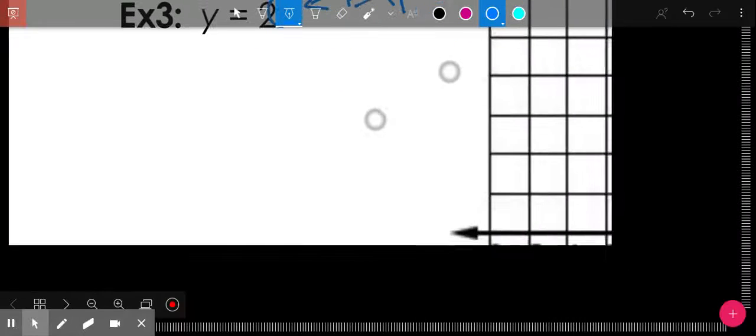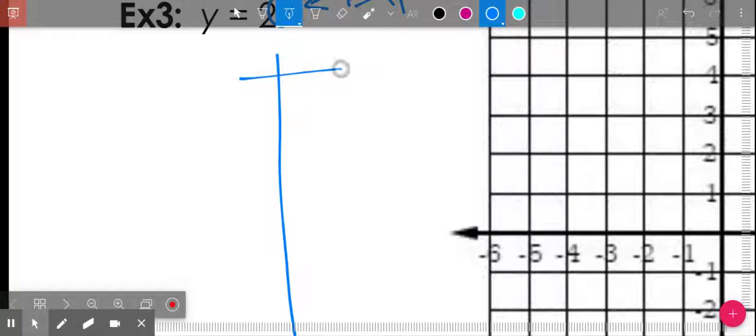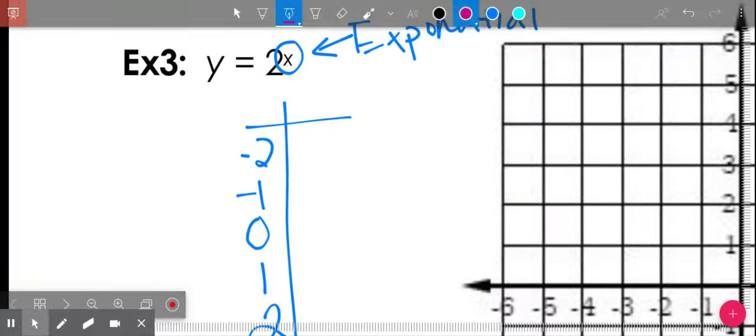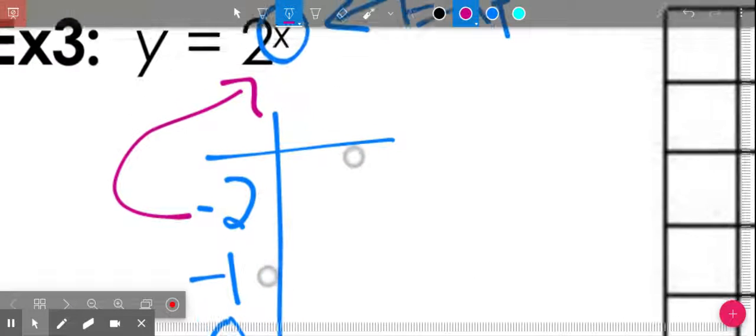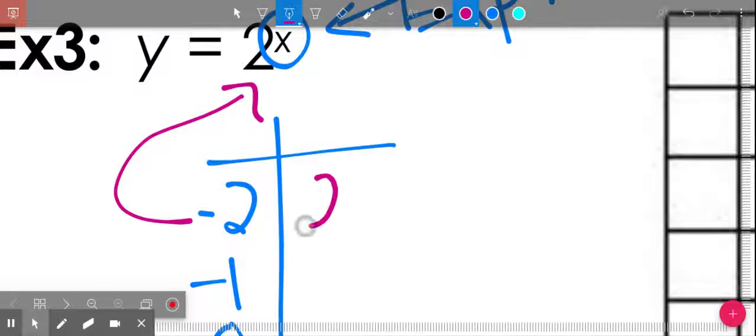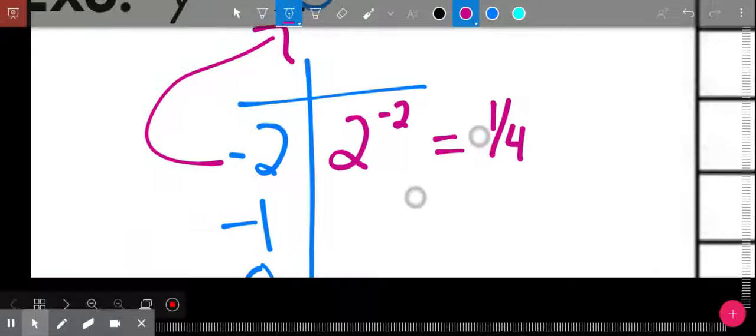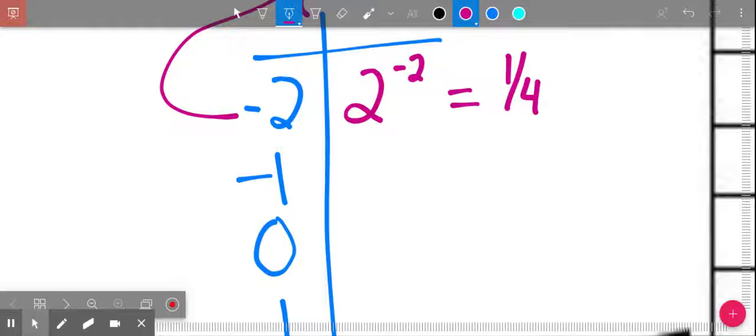So we're going to make our input and output table, and we're going to plug in all of our inputs. For this first one, we'll have 2, and instead of to the x power, it becomes to the negative 2 power. You can put this into the calculator, or you can just know that 2 to the negative 2 is 1/4. We're going to keep doing this for all of our inputs.